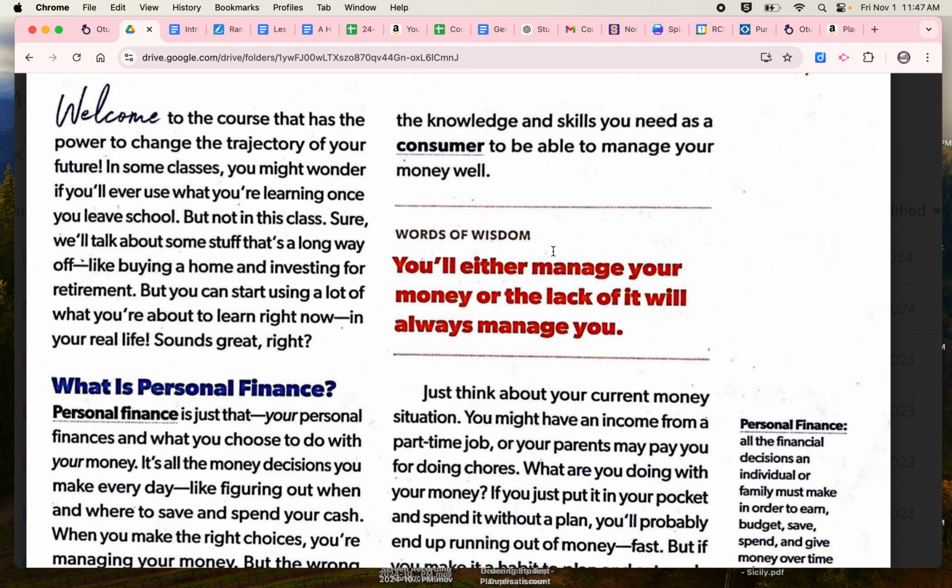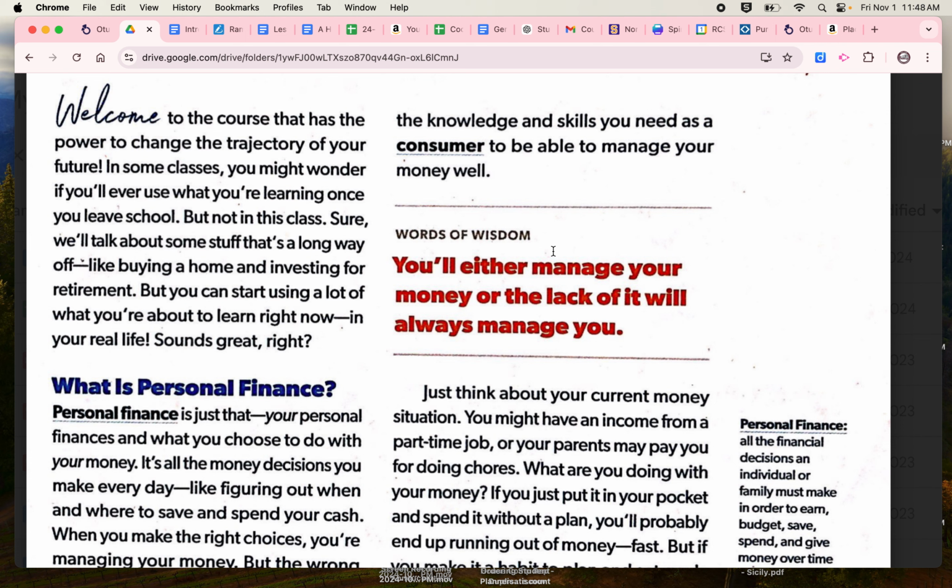You'll either manage your money or the lack of it will always manage you. So in life, you want to be in a position of power and freedom with money, not stress and anxiety. If you actually manage your money well and not overspend, save, and have an emergency fund, you are in control of your money and you can make wise decisions out of a position of power and freedom.